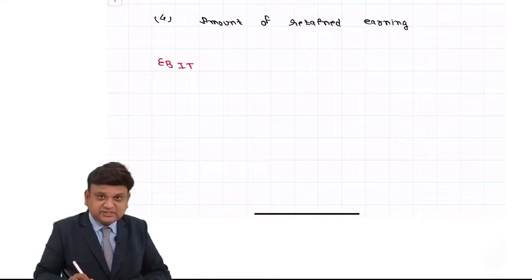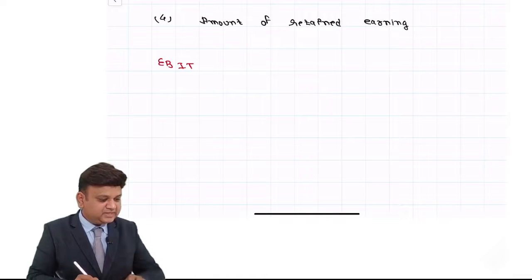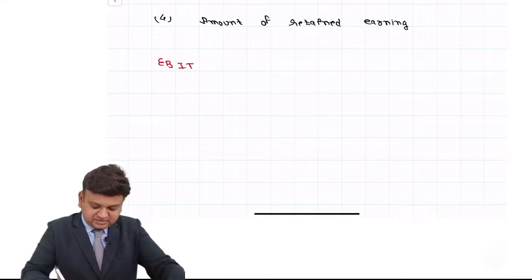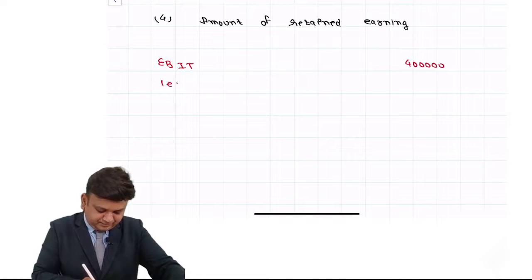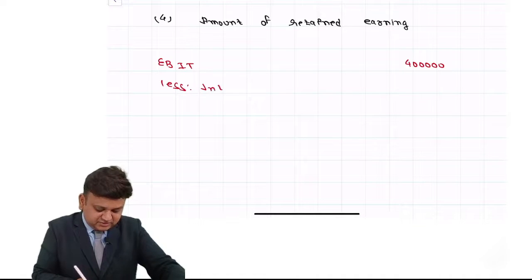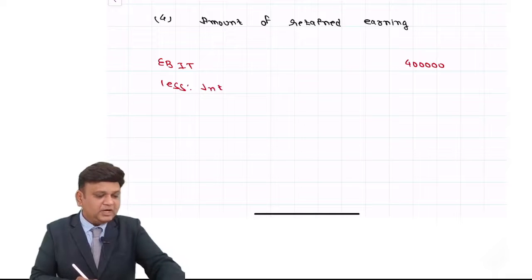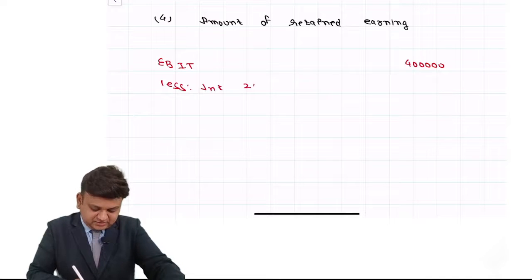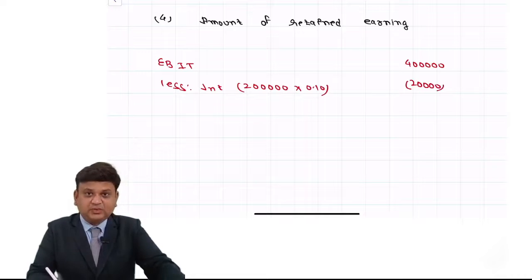Earning before interest and taxes is an amount of rupees 4 lakhs. Less interest, the amount of the debentures is 2 lakhs into rate of interest 10%. So it is 20,000.